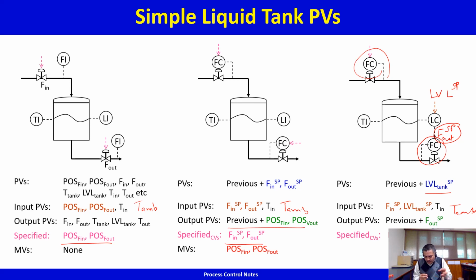When you implement a control system, the set of input and output process variables changes compared to no control. And as the control system gets more and more complex, you keep on adding more process variables in the matrix, in the mix.